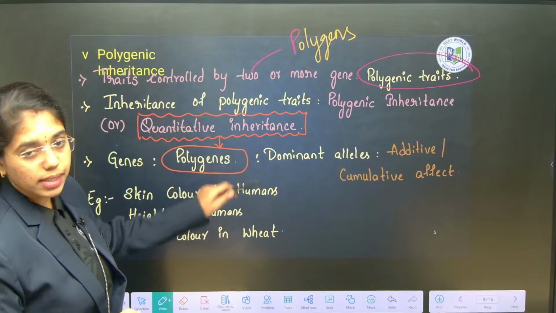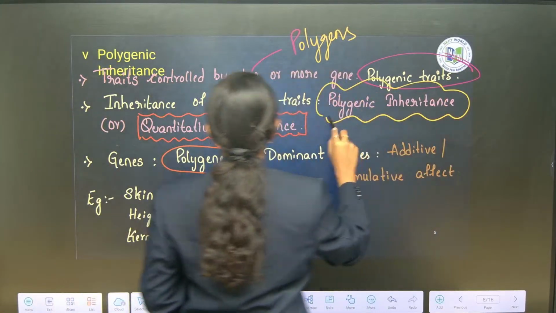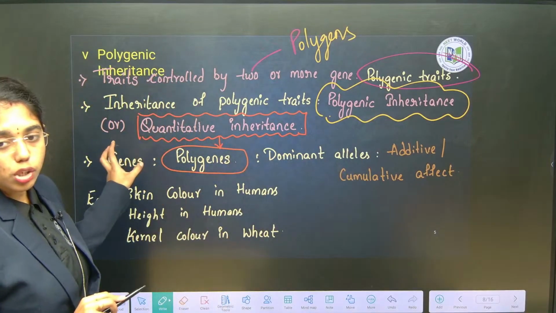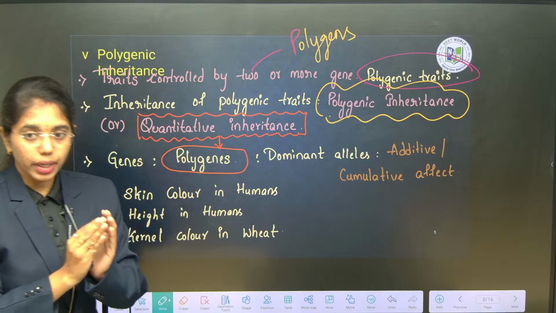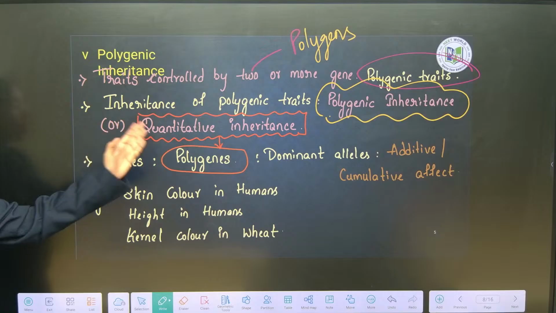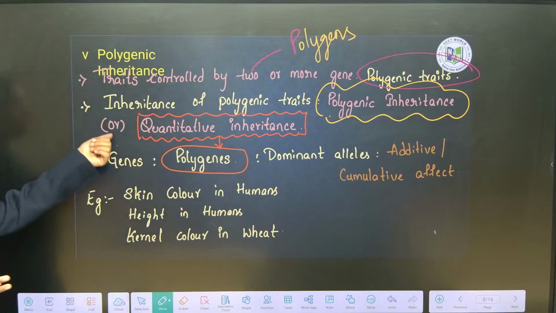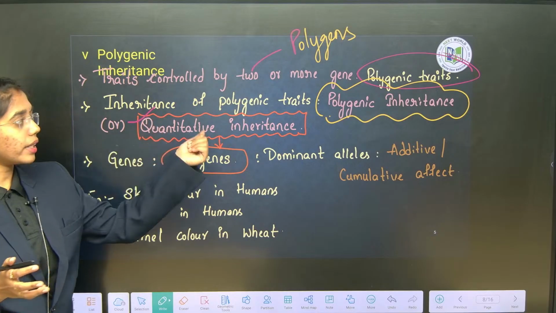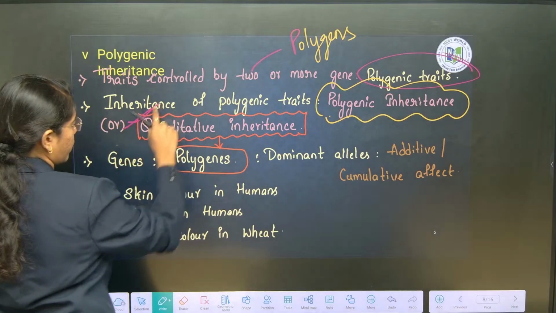Inheritance of the polygenic traits is known as what? Polygenic inheritance. This is also known as quantitative inheritance, because many genes with pairs of dominant and recessive alleles are coding for one character. So the quantity of genes is more, as such we call it quantitative inheritance also.